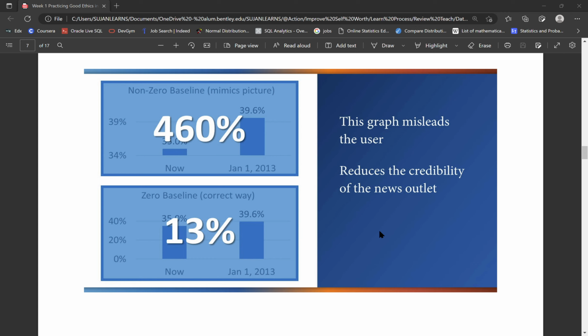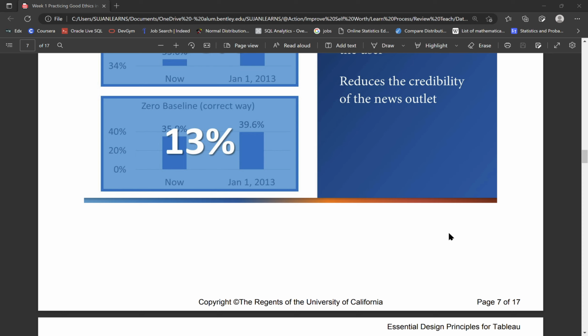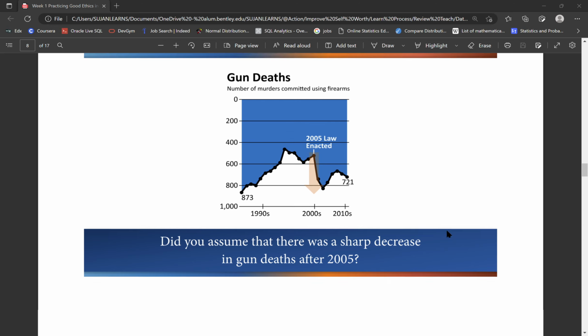While if you have a zero baseline, the increase seems really small, which is the fact. If we do this, then the credibility of the news goes out the window. Therefore, we should never do this.